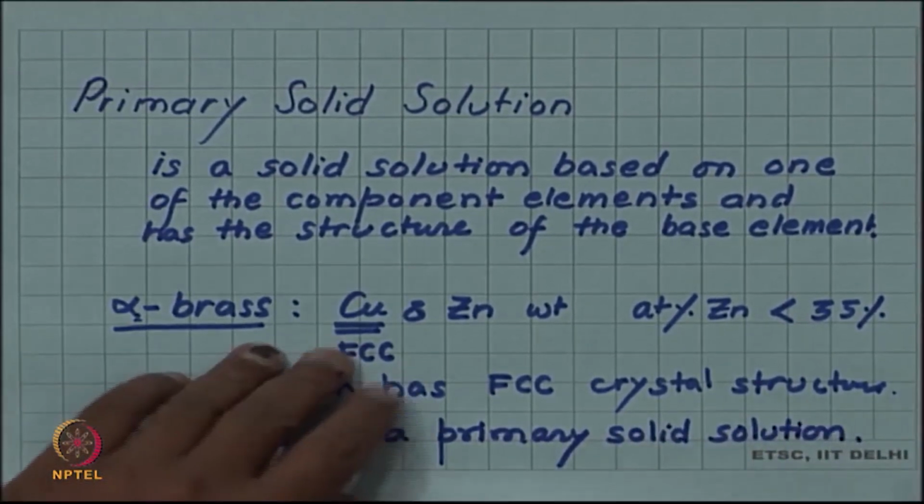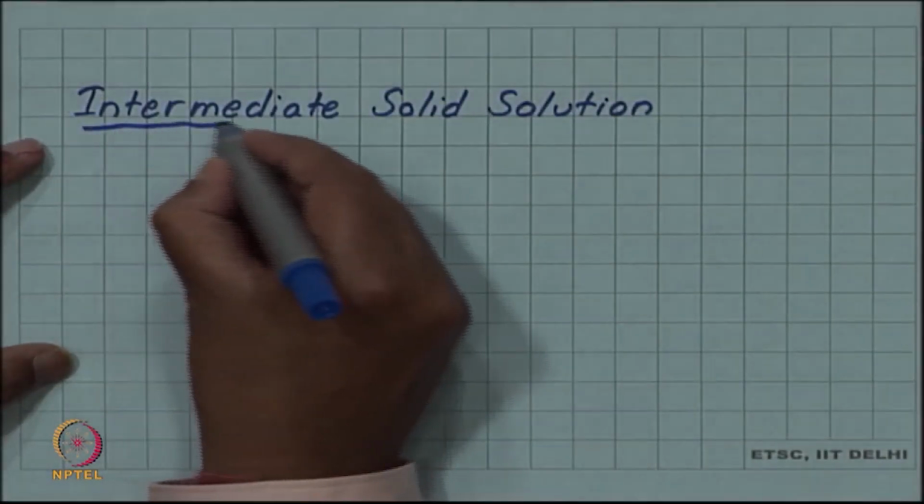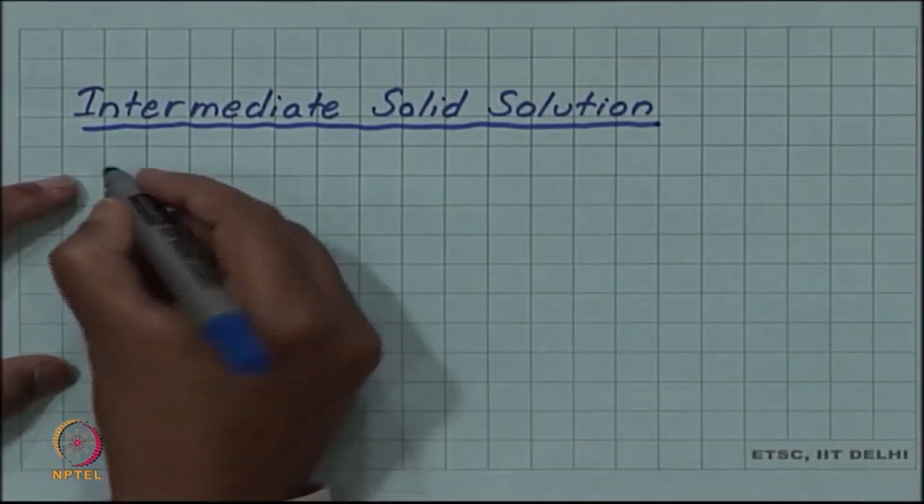The next type is the intermediate solid solution, and brass again gives an example of this, and that is beta brass.